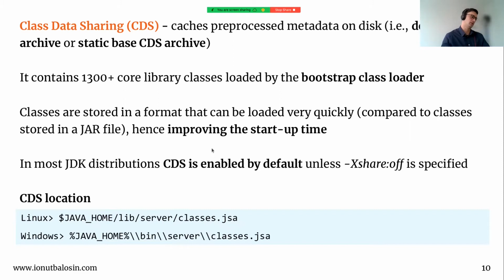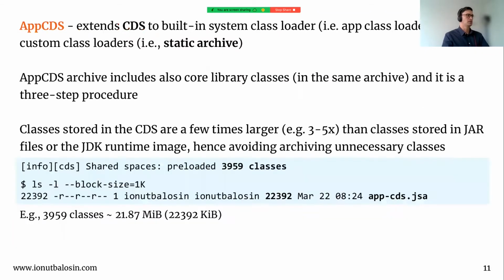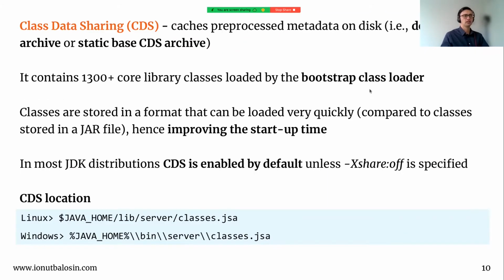And as already mentioned, it contains only system or core classes, the classes that are most used across basically these Java applications. And this is the entire rationale around it. The problem was that, of course, it's quite limited.